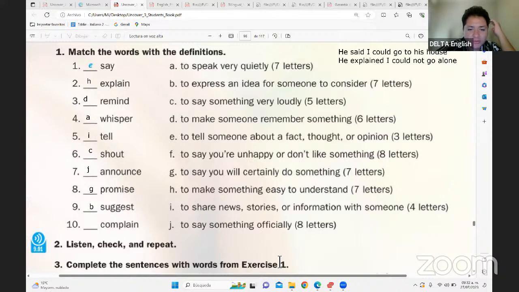It's F, right? It's to say you're unhappy or don't like something, quejarse. Do you have any questions about these verbs? These are the reporting verbs. Any questions about it? No, teacher.